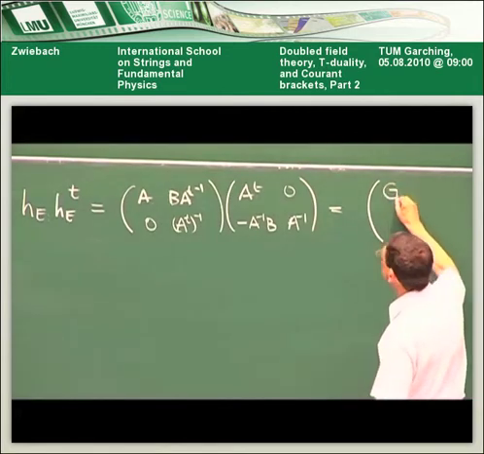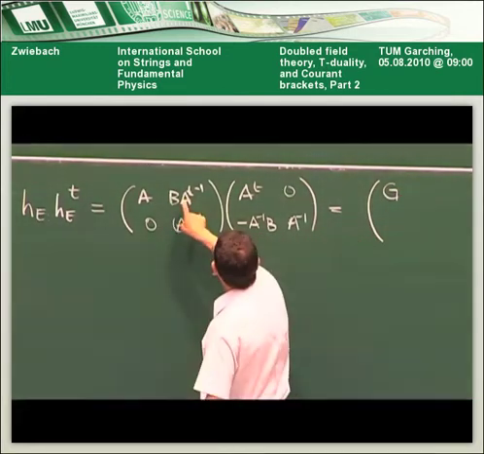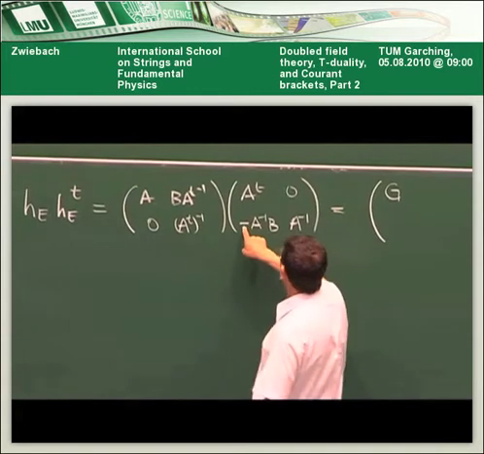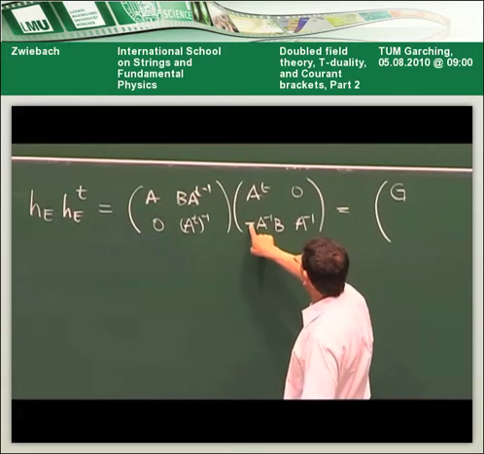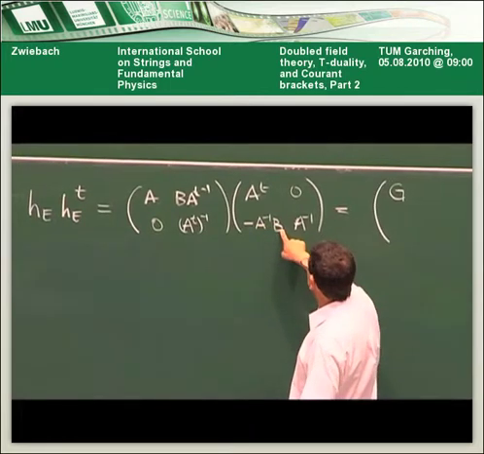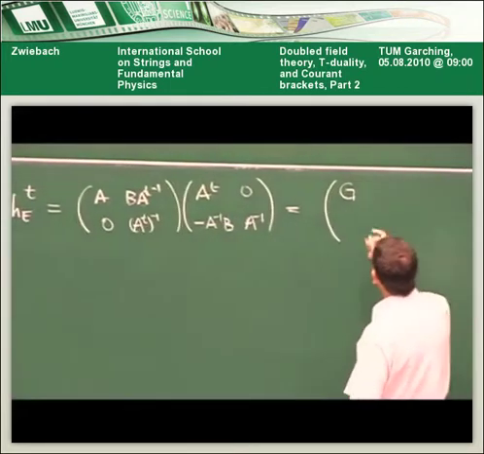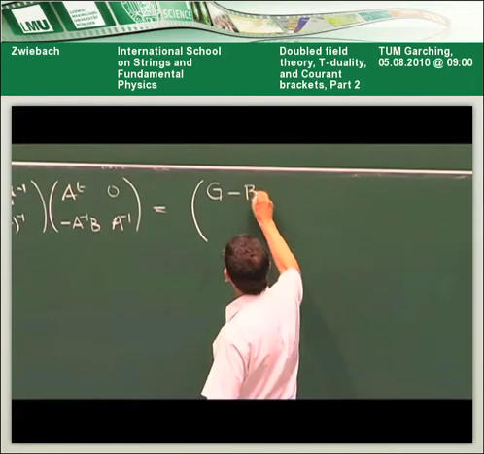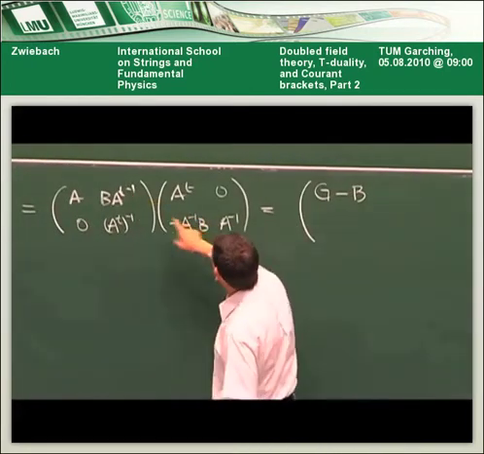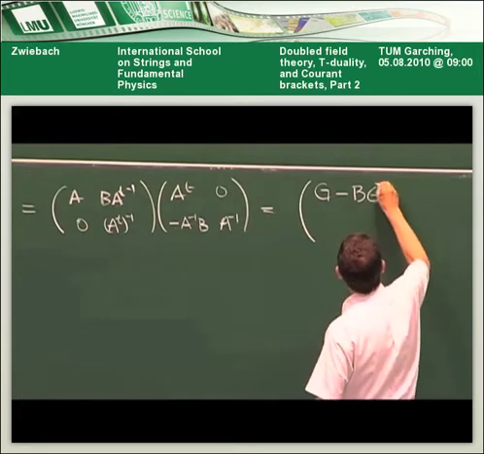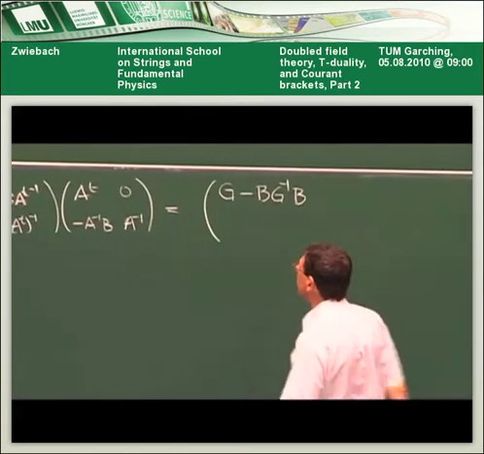That's G. And then this B, A transpose minus 1 times minus A minus 1 B. But that minus, you see, there's a B. There's the A transpose A minus 1, and that's just G minus 1, and there's B here.